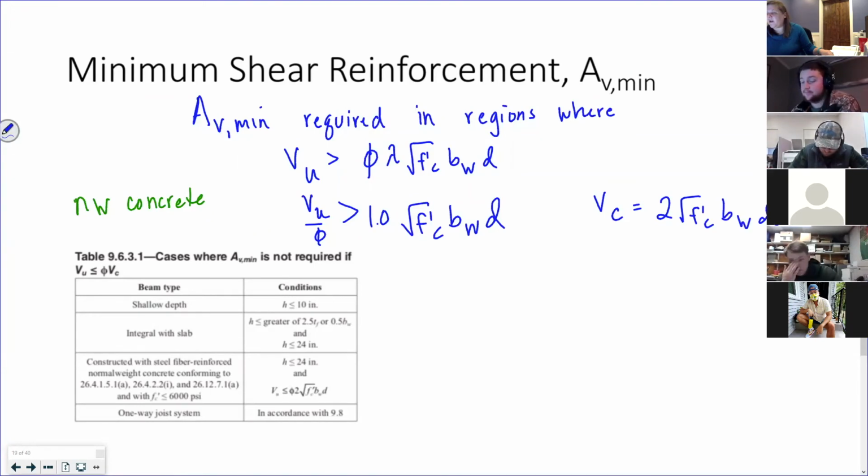So I need to have Av min anytime Vu over phi is greater than half of my concrete strength. There might be areas where you don't need shear reinforcement. That's where our shear diagrams are going to come into play from structural analysis.